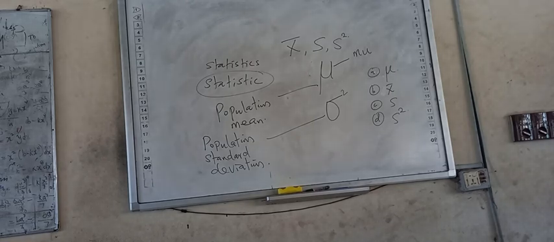Discrete. The number of fans in this class becomes what? Discrete. The number of buildings in University of Lagos, discrete. The number of houses in our streets, discrete. The number of streets in Lagos mainland, we can actually count.